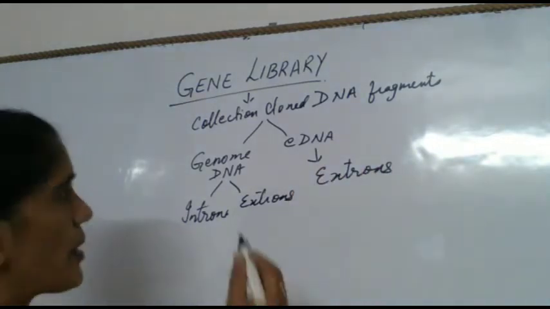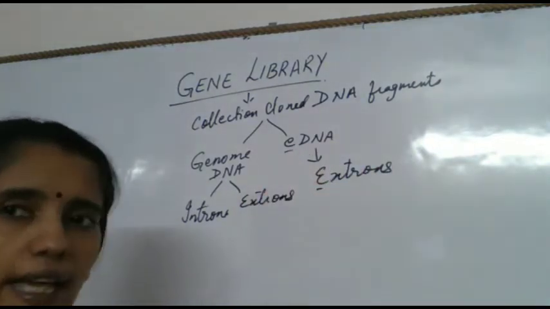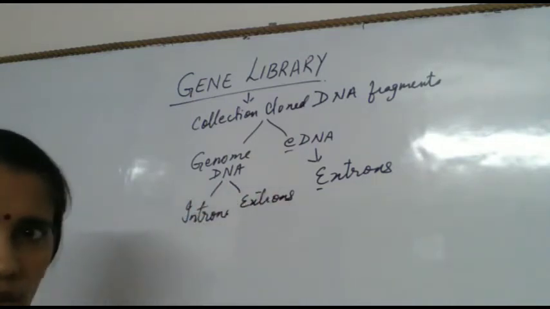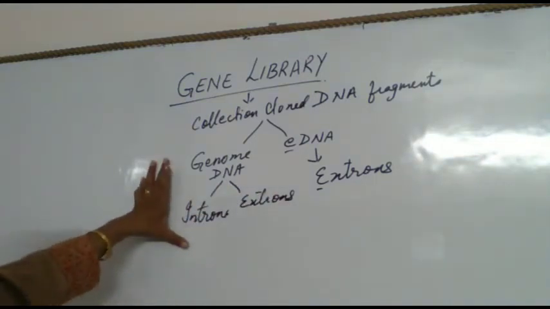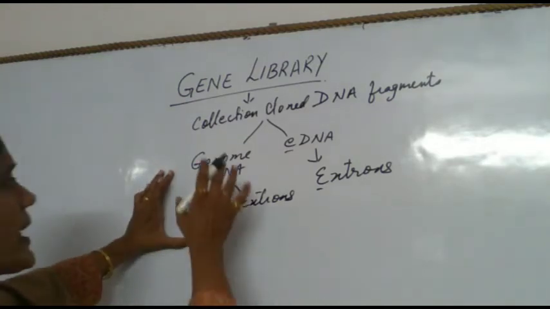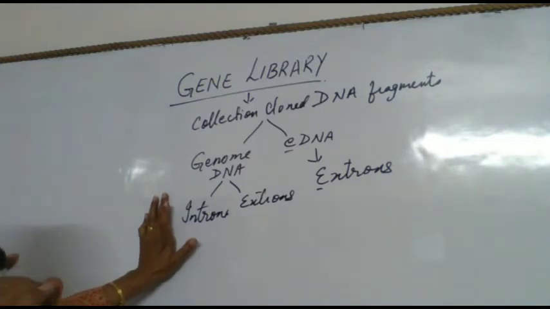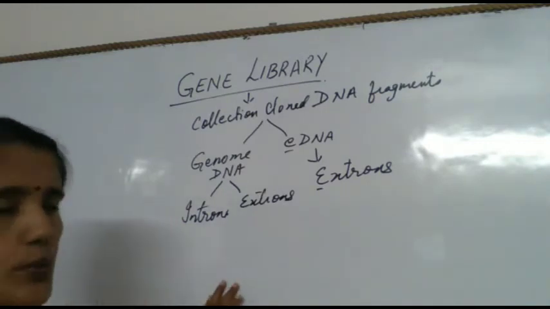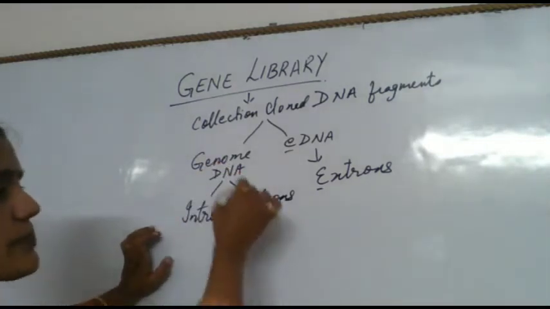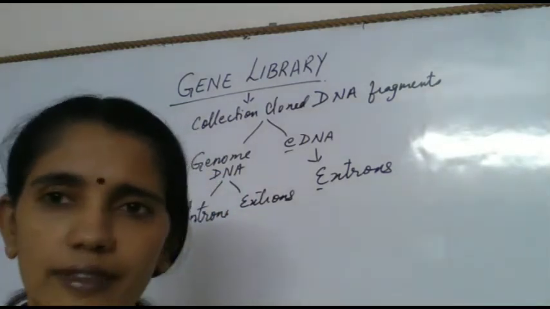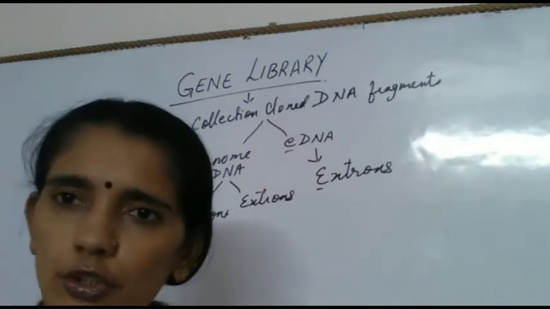You can easily remember that the E in cDNA stands for exon, while genome DNA has both intron and exon. Now, how is it prepared? It is prepared from the total DNA of the cell line or tissue.